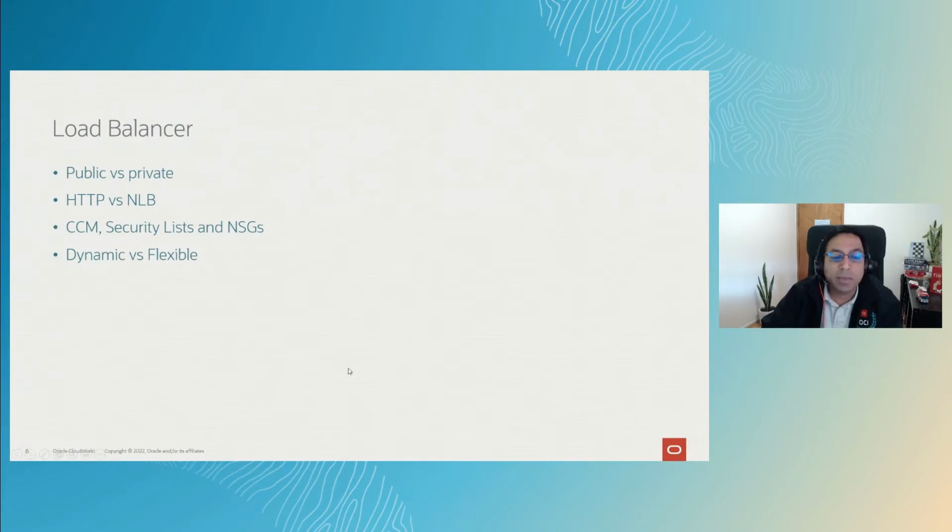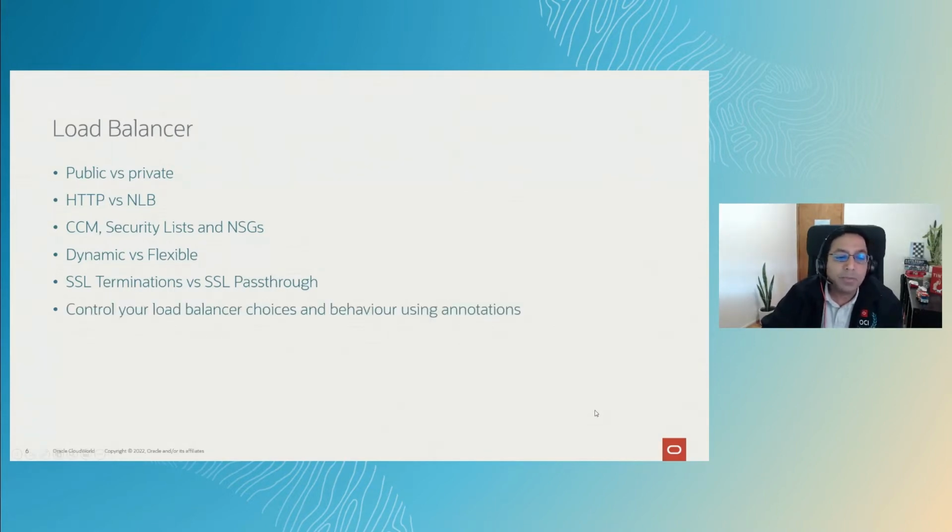Whereas with flexible, you can be a lot more granular, and it is the recommended way going forward. You also have the option of whether you're going to terminate SSL, or whether you're just going to pass it through. So all these behaviors, like I mentioned, can be controlled through CCM using annotations.